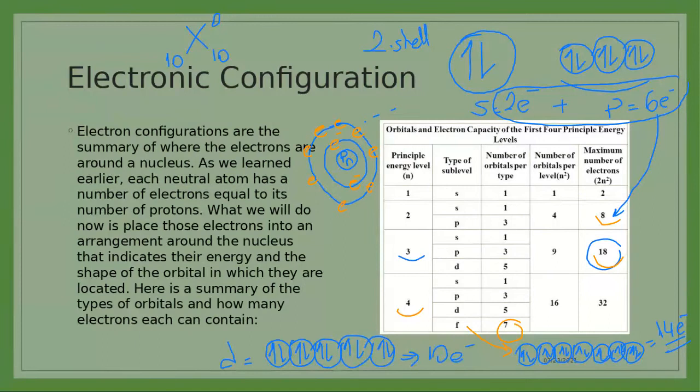While you are writing the electronic configuration of any element, you have to look at their electron numbers. You don't have to look at the proton numbers.